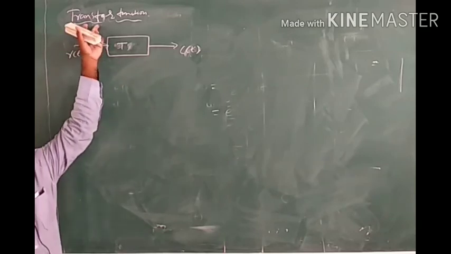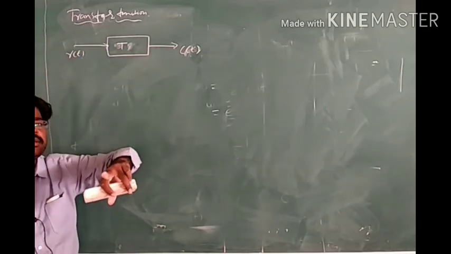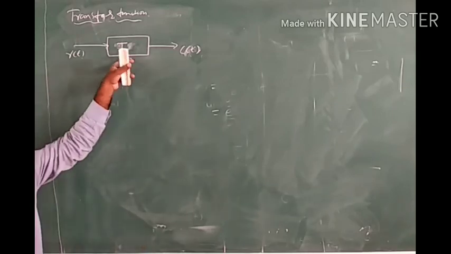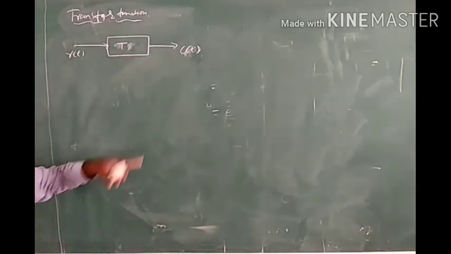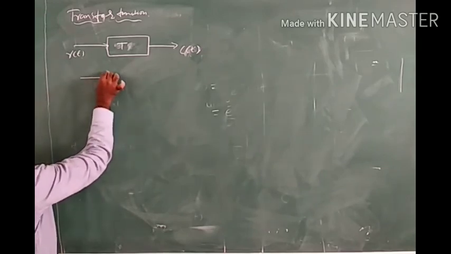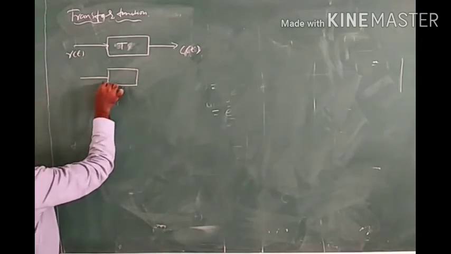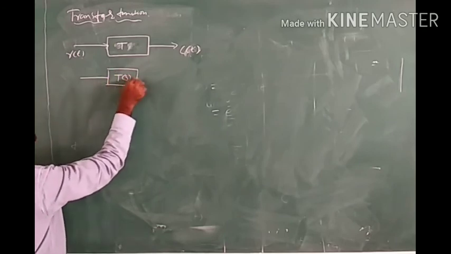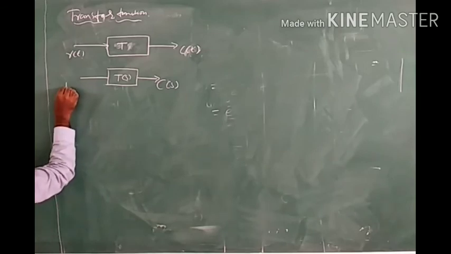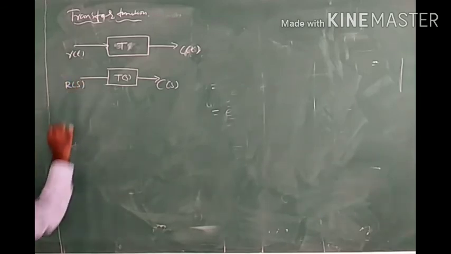What is the definition of transfer function? Laplace transformation of output to the input. So first we have to write this time domain system into the frequency domain. To write that into the frequency domain, wherever t is there we have to replace that with s. So this becomes your C of S and this input becomes R of S, right?